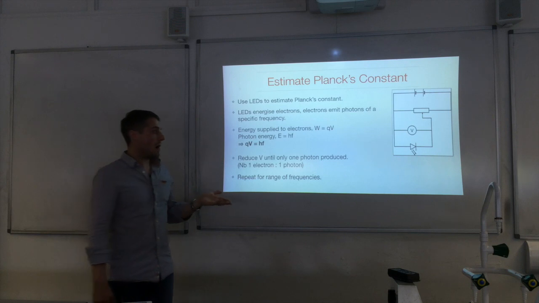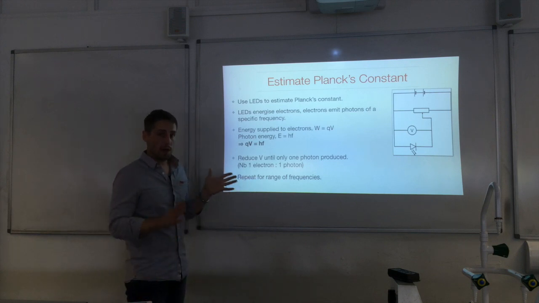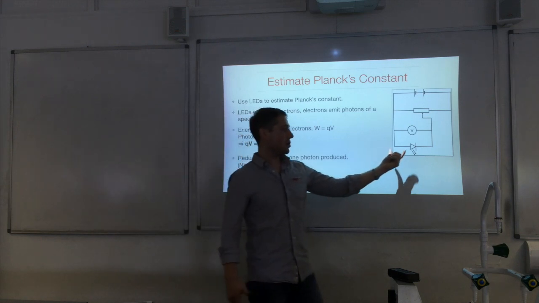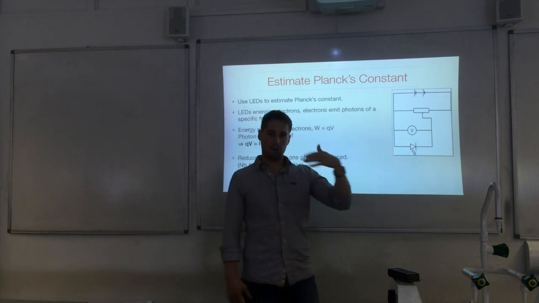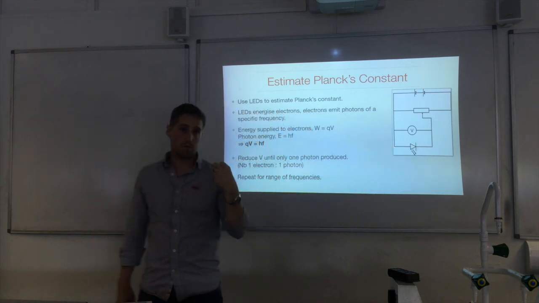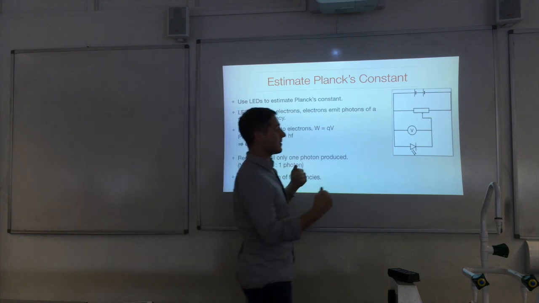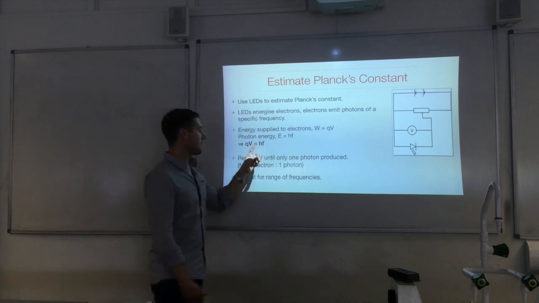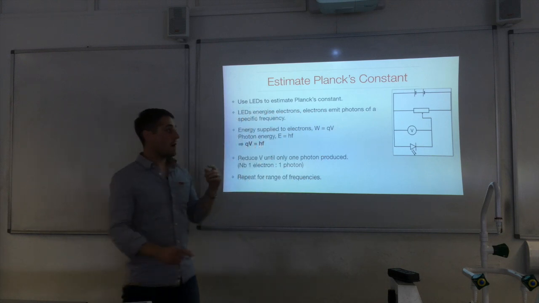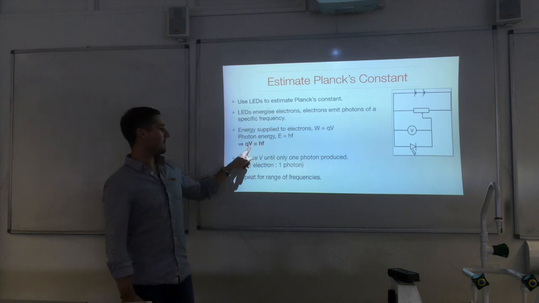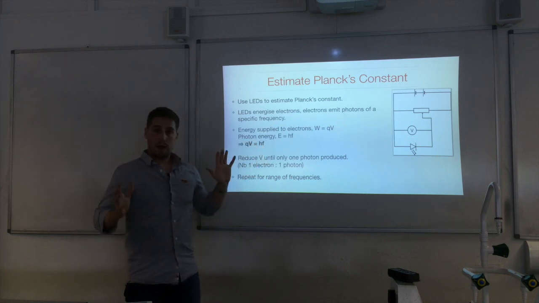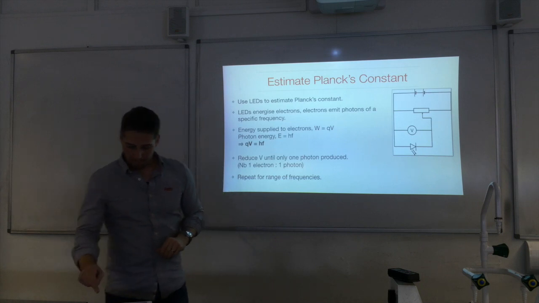But to make it more accurate, what we would want to do is repeat this for a range of different frequencies. So we put a new LED in here, one that produces a different frequency photon, and repeat the experiment. We have a different voltage. Again, h is the only unknown. But what we'll do is collect all of our V data and our f data and plot a graph from that.